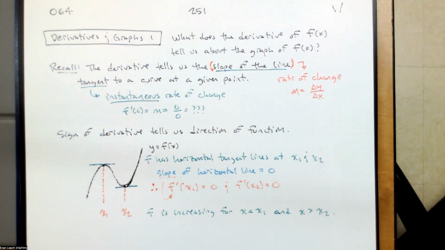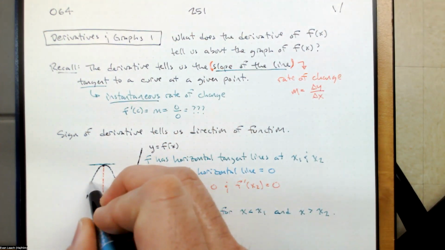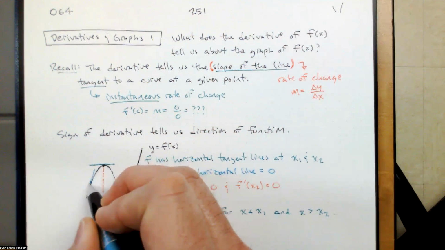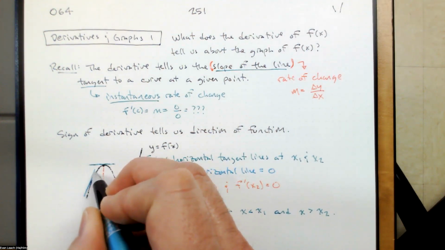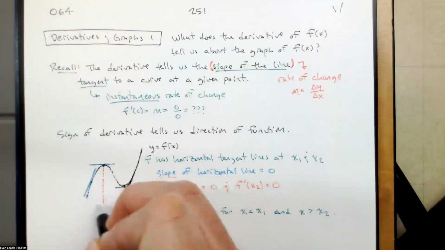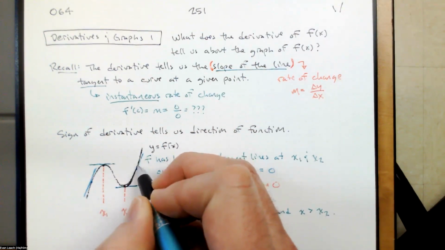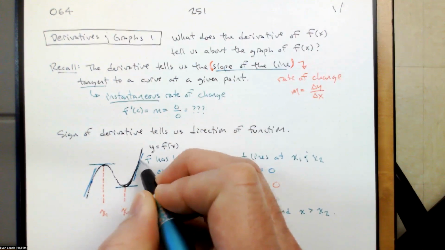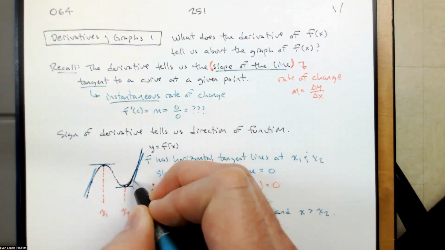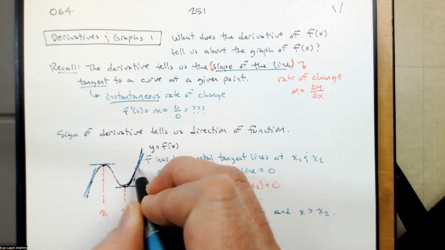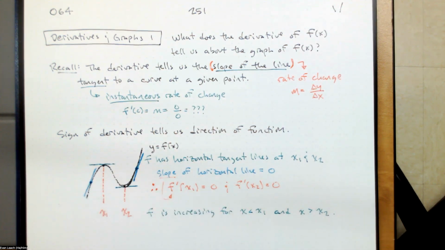If I draw a tangent line at some point before x1 or some point after x2, what we notice is that the slope of the tangent line is positive.